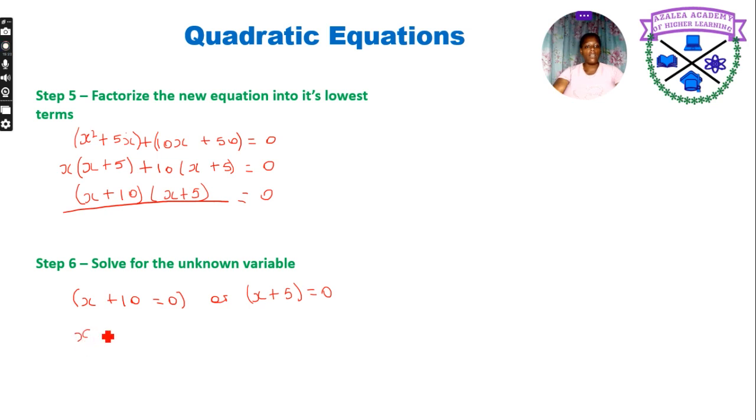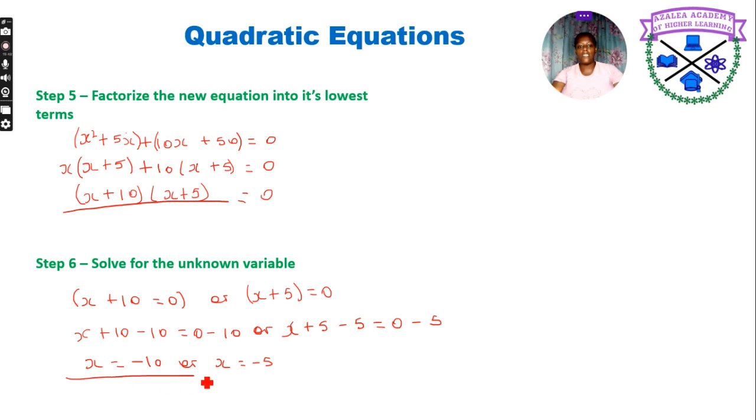So x plus 10 subtract 10 is equal to 0 subtract 10, or x plus 5 subtract 5 is equal to 0 subtract 5. This is going to give us x is equal to minus 10, or x is equal to minus 5. And this is our solution.